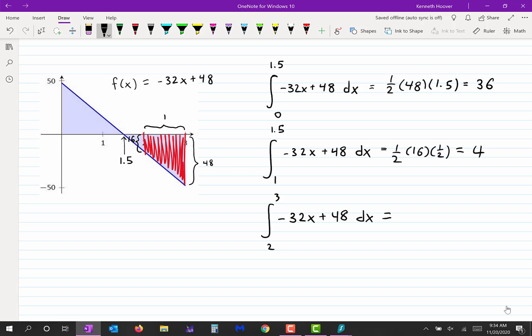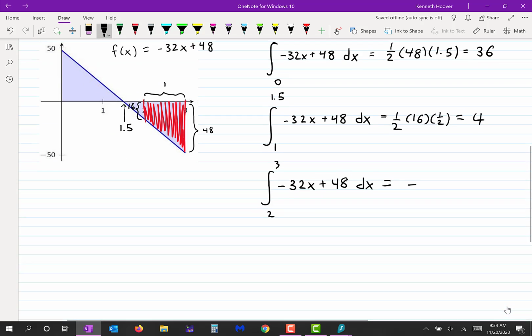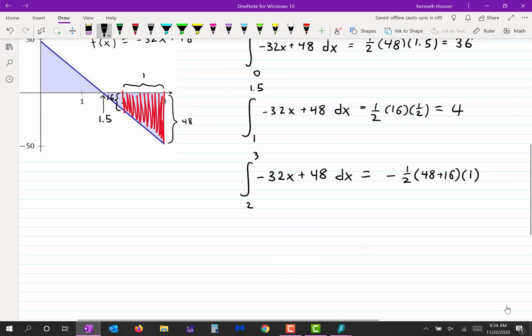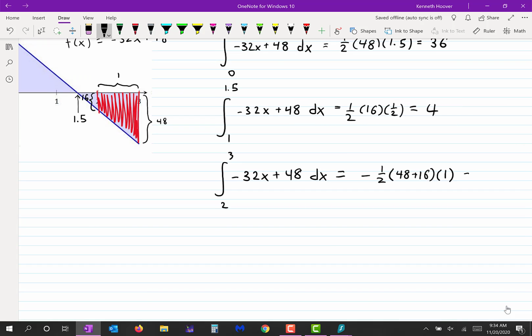But it is below the x-axis, and since we're doing signed area, that would be negative. Okay, so using the trapezoid area formula, it's negative the average of 48 and 16 times the distance between the parallel sides, which is 1. And so we would get negative 32.